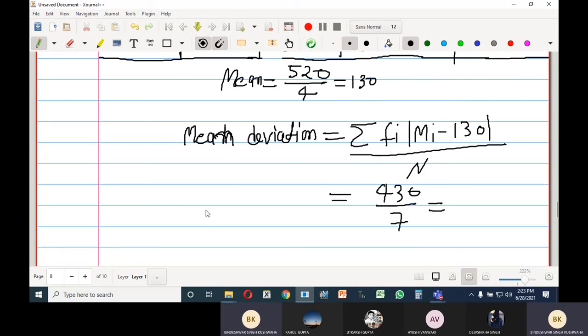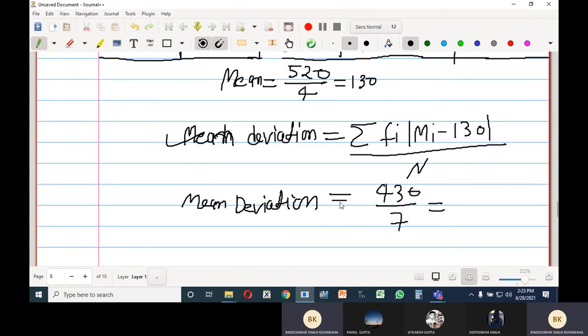It means this is mean deviation. This is a formula and we are plugging the values. Mean deviation. Okay. So 430 upon 7. So this is the mean deviation. So what would be the result? Who will tell me? So 71.4.